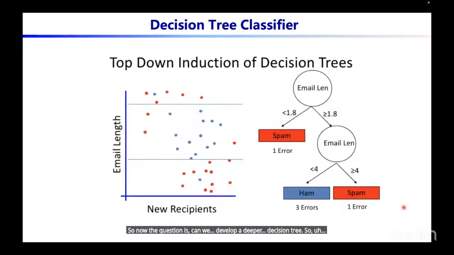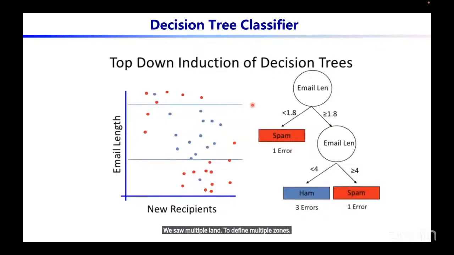So now we add a second level to the decision tree. By second level, we mean that we draw another straight line. This is essentially the same strategy I mentioned before, right? We draw multiple lines to define multiple zones.